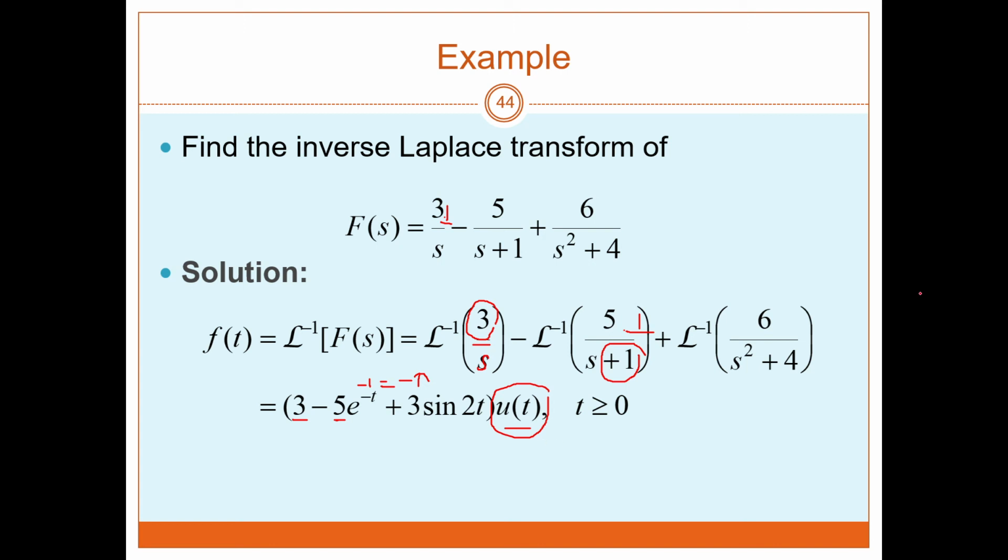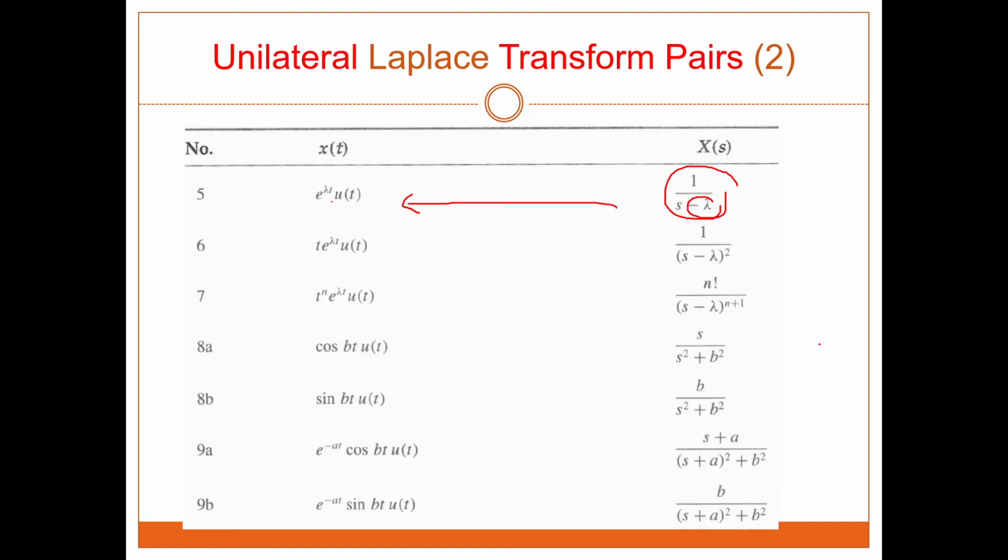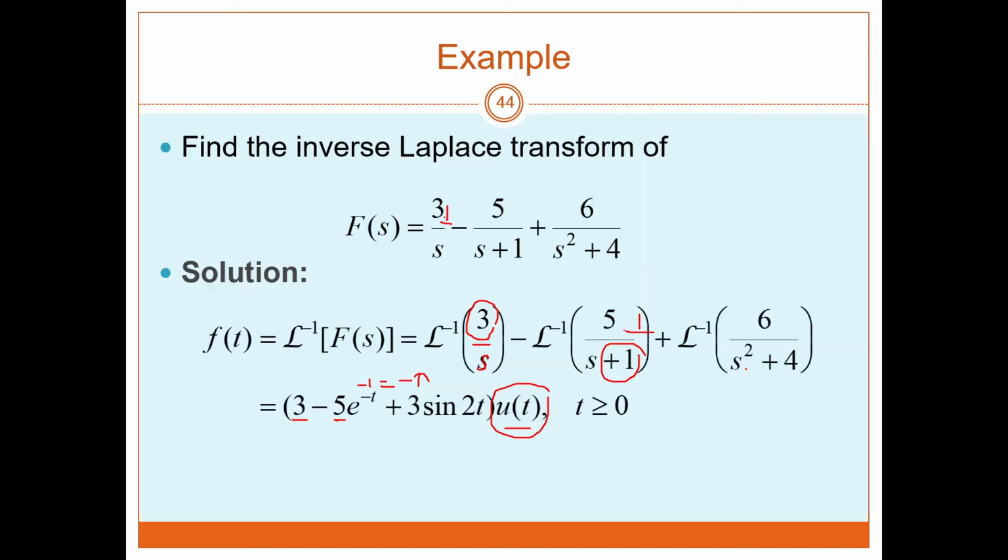And then we have 6 divided by s squared plus 4. So we find in the table which one matches. This one is s squared plus b squared. So now we have to factorize: 3 multiplied by 2 is 6, divided by s squared plus 2 squared.